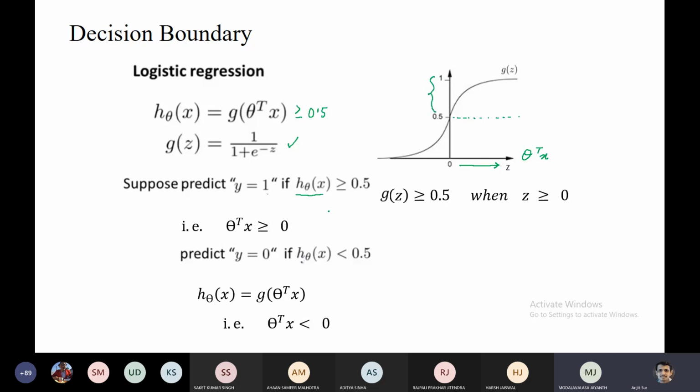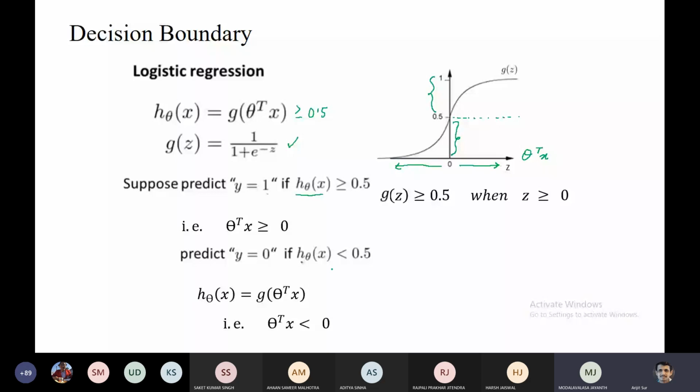And we predict y is equal to 0 if it is less than 0.5. So if it is in this portion, it is coming in this position.